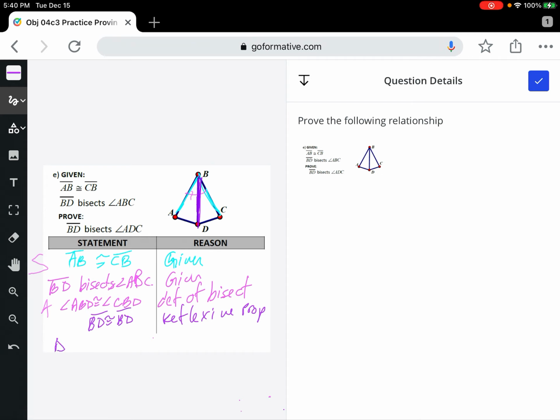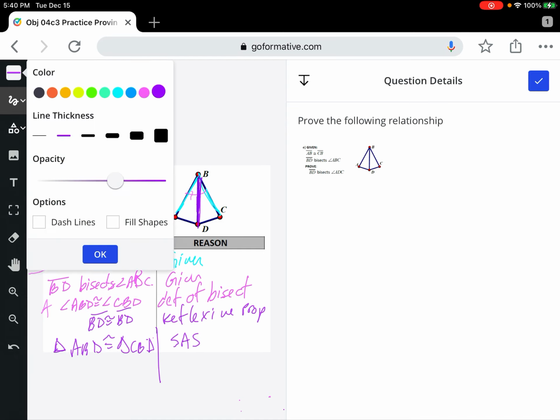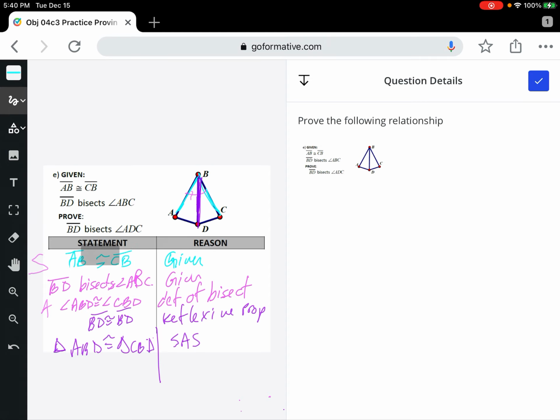And if that's true, then triangle ABD must be congruent to triangle CBD, and that's going to be side, angle, side. If that's true, then I know that this angle and this angle have to be congruent to each other. I know that angle ADB must be congruent to angle CDB, because corresponding parts of congruent triangles are congruent.